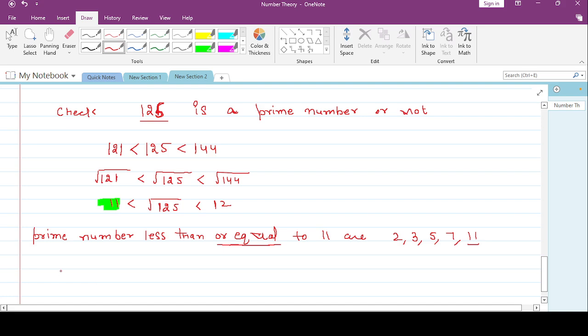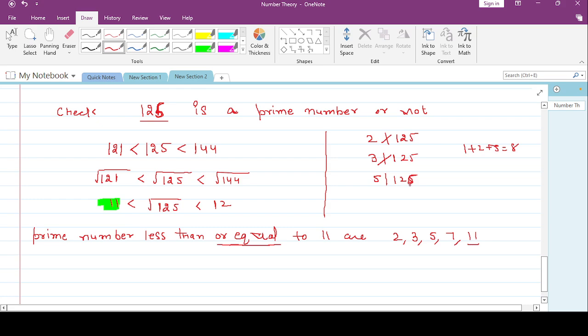Now clearly 2 does not divide 125. Next, check whether 3 divides 125. What is the sum of the digits? 1 plus 2 plus 5, so the sum of the digits is 8, but 3 doesn't divide 8, so 3 does not divide it. Now 5: does 5 divide 125?